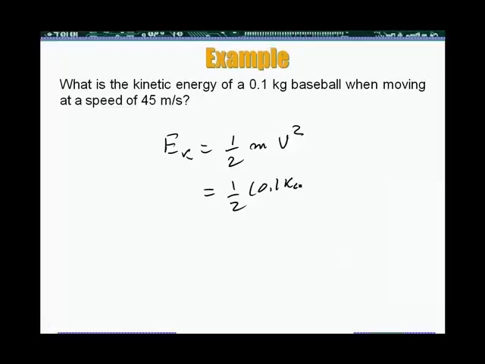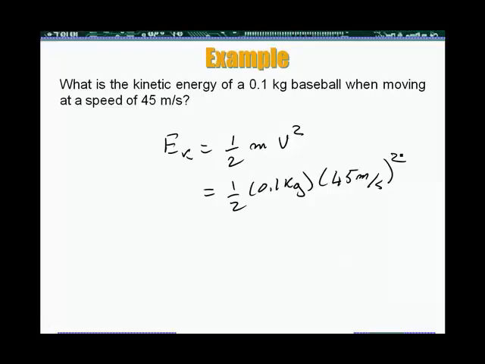0.1 kilogram times 45 meters per second, and that's squared. Notice that this is an actual speed of a baseball. That's, I think, the highest speed of a baseball that was recorded. 45 meters per second is a record speed for a baseball.